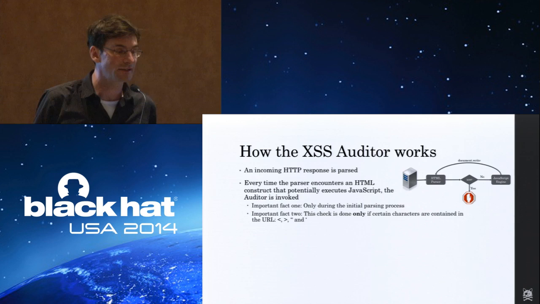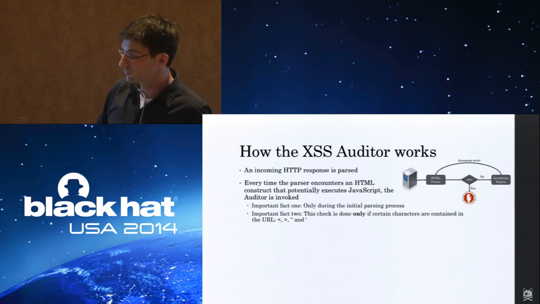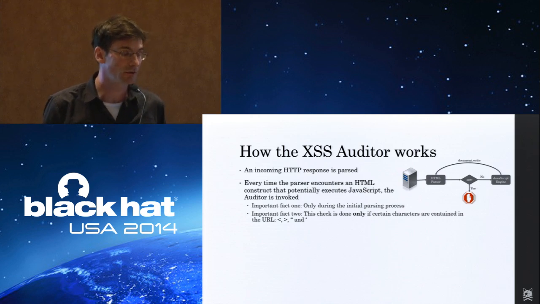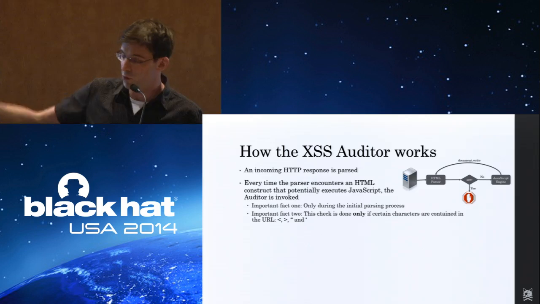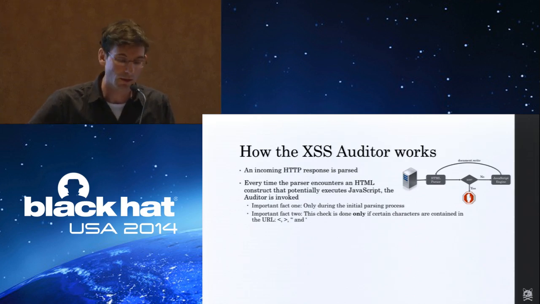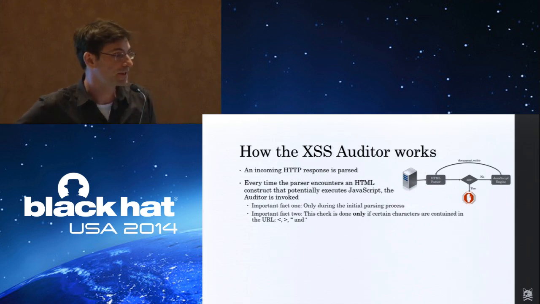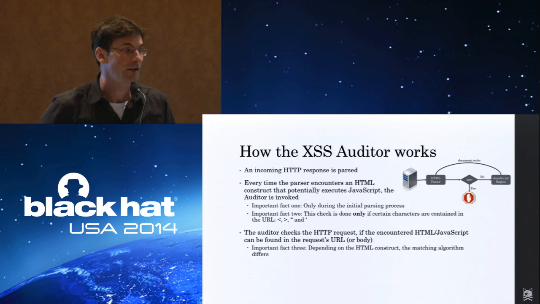So the philosophy behind this is for the vast majority of all cross-site scripting attacks, you need at least one of the following characters to be able to do your injection, because you always have to break out of a certain syntactic context to create your JavaScript context that is executed. And more specifically, these four dangerous characters are the opening and closing, what are they called in English? You know, the greater sign and lesser sign, and the double quotes and single quotes. And if you don't have greater or lesser signs, double quotes or single quotes in the URL, the next step is not invoked.